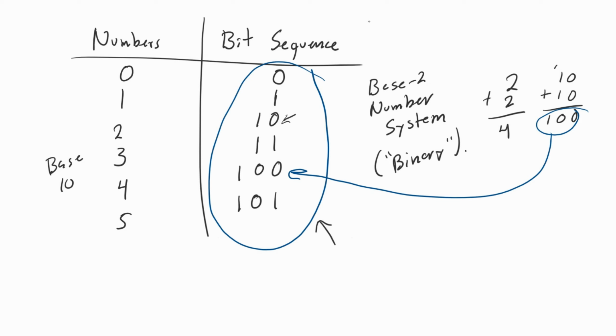So this is why the binary system is very important to understand. You will come across it many times, and in the next video we'll talk about binary numbers and exactly how they work and how we deal with them inside of the computer.